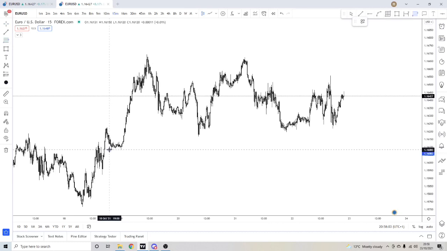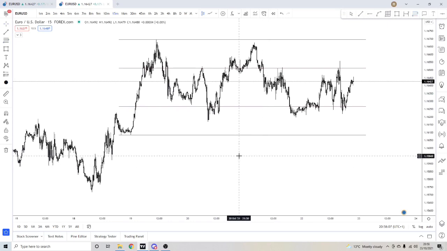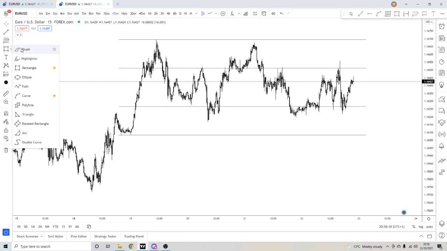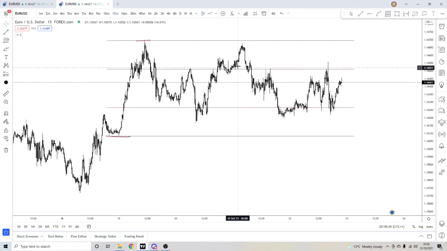Okay, and how do we identify that we are in a range? Well, a high is taken, a low is taken, and then we are contained within two levels, a high and a low. So we are now contained between here and here, and the only time when we actually can identify that is when this happens over here.